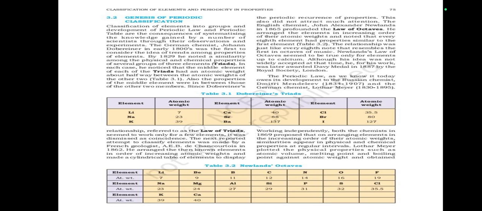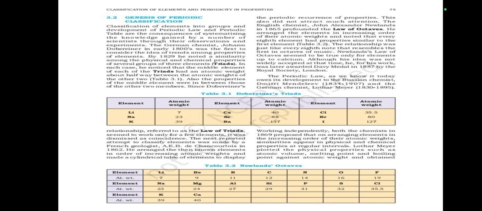The English chemist John Alexander Newlands in 1865 profounded the law of octaves. He arranged the elements in increasing order of their atomic weights and noted that every eighth element had properties similar to the first element, Table 3.2. The relationship was just like every eighth note that resembles the first in octaves of music.